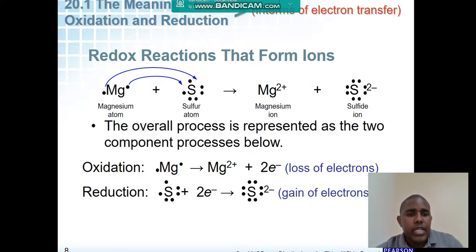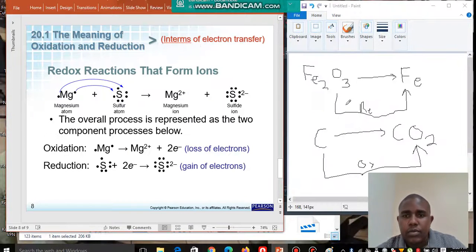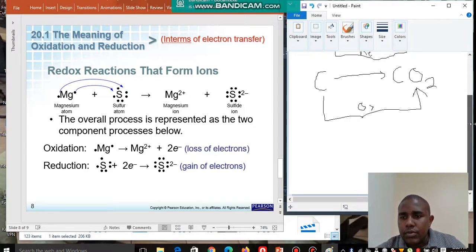From the reaction, as you can see here, we have magnesium and sulfur. So magnesium, we remember the configuration of magnesium. When we talk of configuration, we are referring to the electronic arrangement of the electrons around the nucleus of an atom. So this is magnesium.